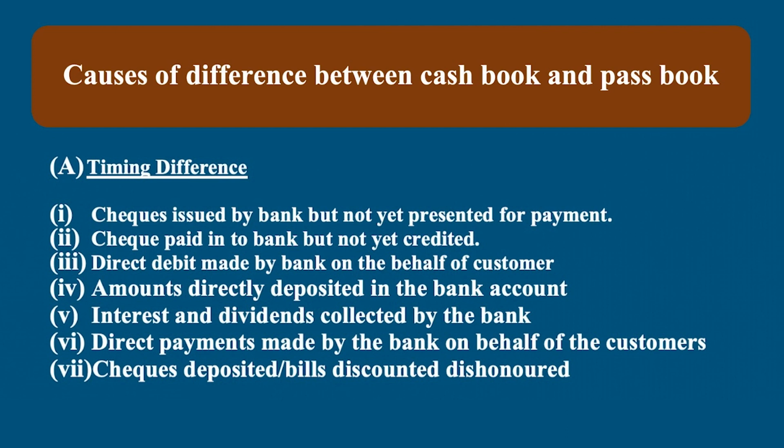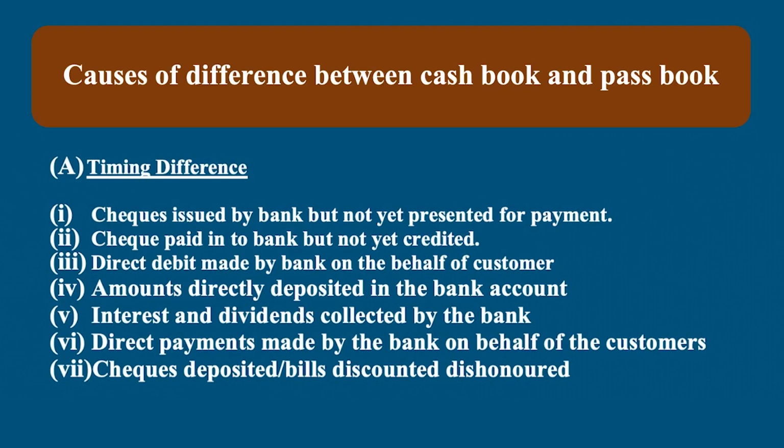Direct payments made by the bank on behalf of the customers. Sometimes the customers give standing instructions to the bank to make some payment regularly on stated days to third parties.